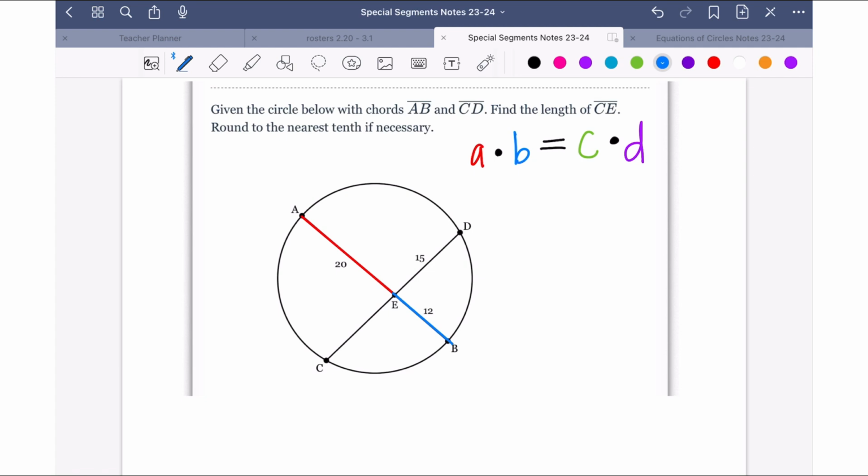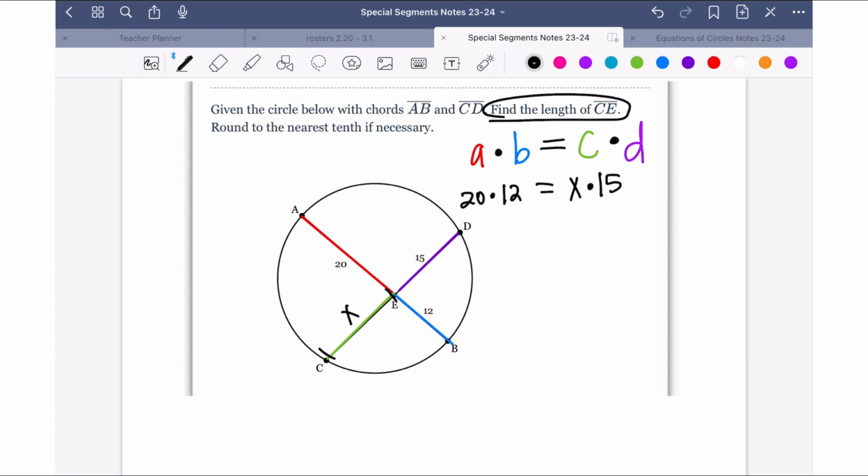So that's 20 times 12 equals the other portions, C times D. This one is actually missing because they're looking for finding the length of CE. So this is X.